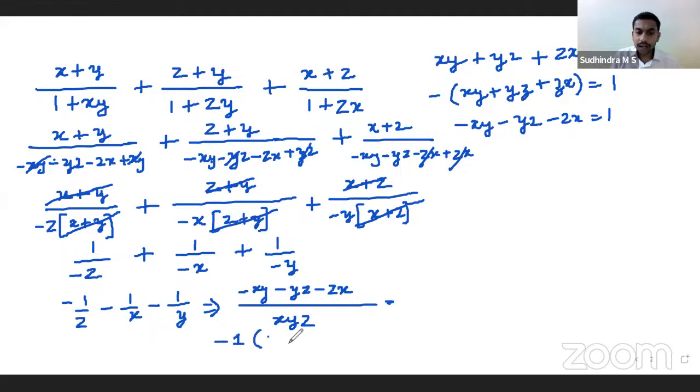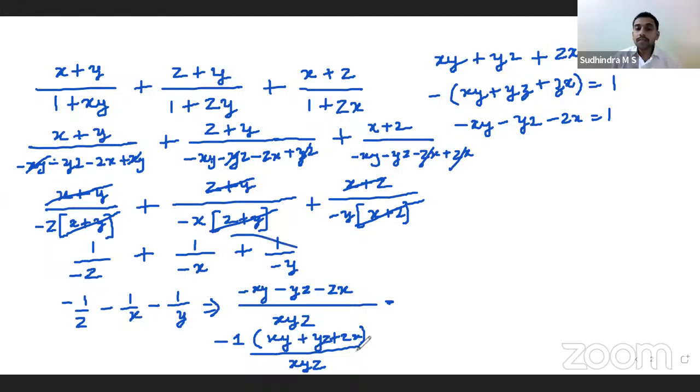If I take minus 1 common, I get xy plus yz plus zx divided by x, y, and z. Are we right? Yes. XYZ LCM, you get minus xy minus yz minus zx, correct? So you take minus 1 common, xy plus yz plus zx.